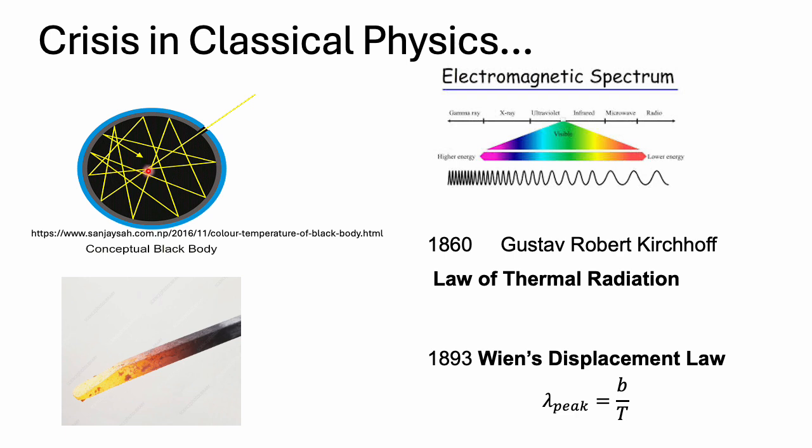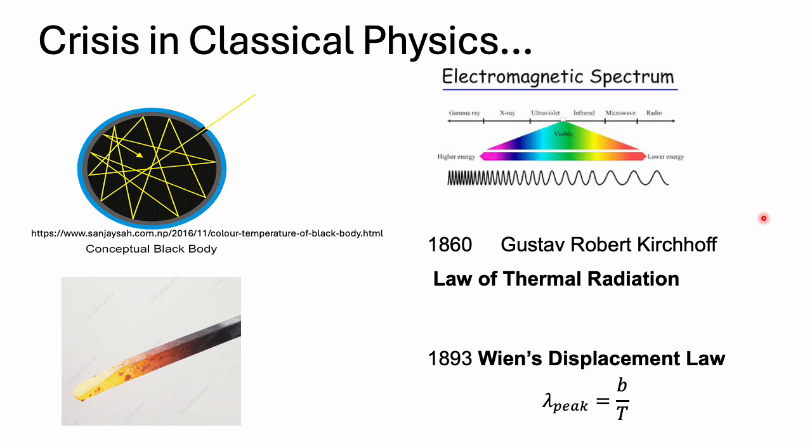So here, the volume or system will do two things. First, it will absorb light from the whole electromagnetic spectrum. And secondly, it will also emit light at varying frequencies. And this is called the black body.